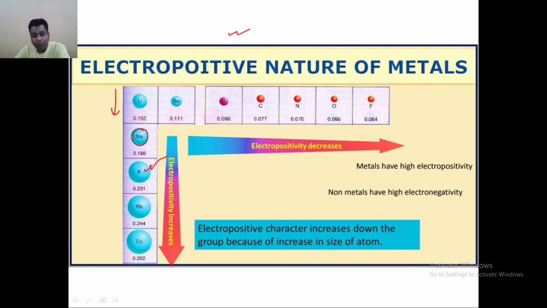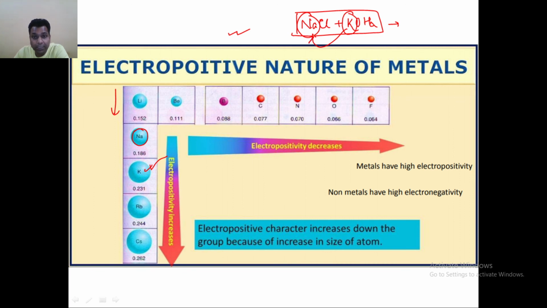Now try to understand why I have told this, that it is also very important from an organic chemistry point of view. For example, you are having NaCl and you are having KOH. Let's take an example. In this reaction, if you want to know which is going to replace which one, you already know that potassium is more electropositive than sodium, so potassium will replace sodium in the NaCl.